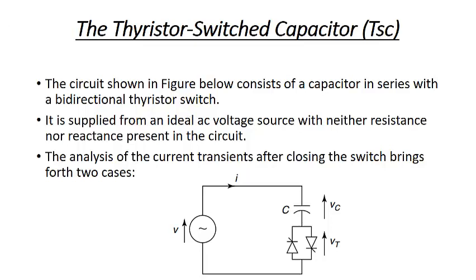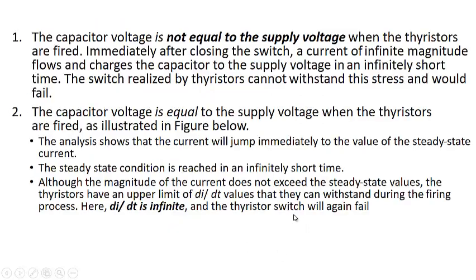One case is when the switches are closed in such a way that the input voltage is not equal to the capacitor voltage. So when the capacitor voltage is not equal to the input or supply voltage and the thyristors are fired, immediately after closing the switch, a current of infinite magnitude flows and charges the capacitor to the supply voltage.